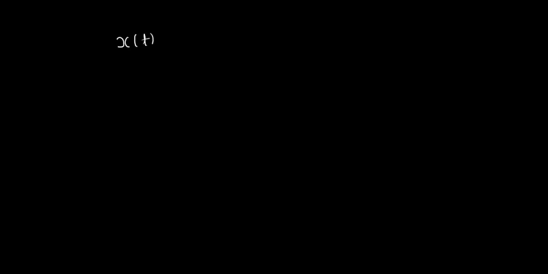x(t) convolved with h(t) is, say, if you are having alpha x(t) convolved with h(t), then what will happen? Tell me. It is the same as alpha times the convolution, because it's a constant, right?